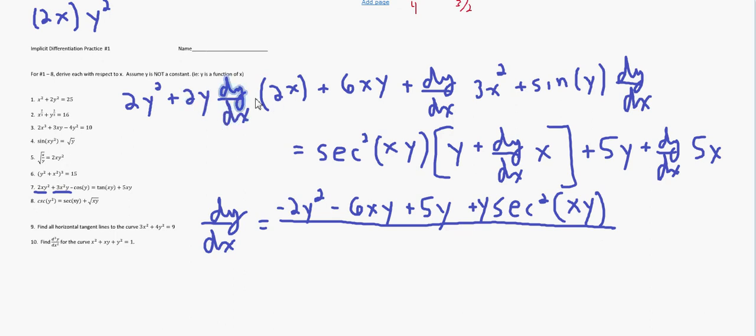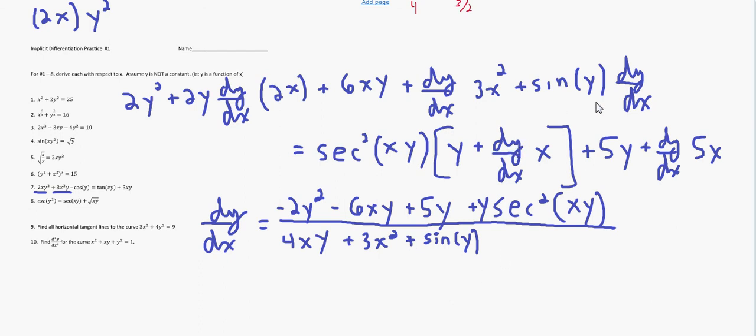So over here, we're going to have 4xy. That's the first dy/dx. Then we're going to have plus 3x squared. And then we're going to have plus sine y. Okay, that's a plus here.